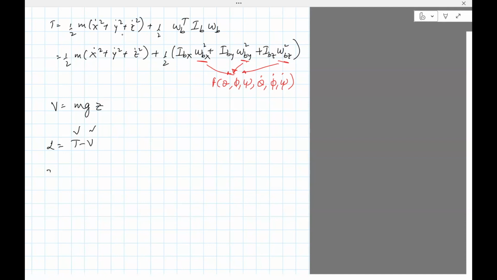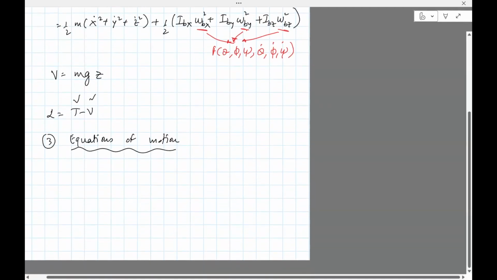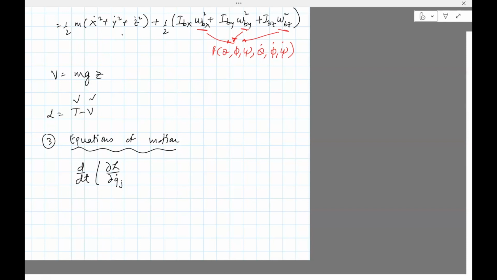And finally, the third part is the equations of motion. This is very standard of what we have done. Here the equations come as follows: d dt of dL dq dot j minus dL dq j equals Qj.